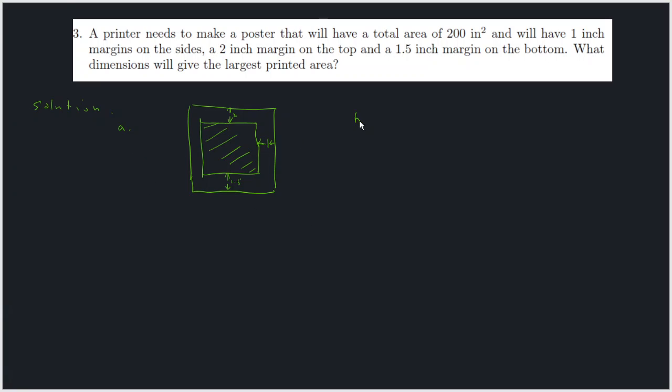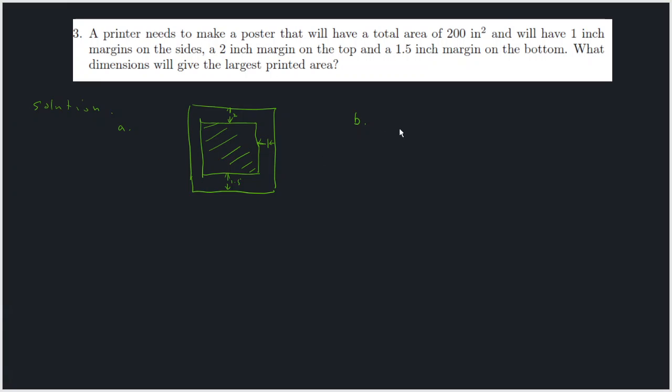Now step B, we're going to introduce the variables. If you look at the question, we want to maximize the print area, right? To introduce the variables, it's always the same. Identify the quantity to be optimized, in this particular case, the quantity to be maximized.